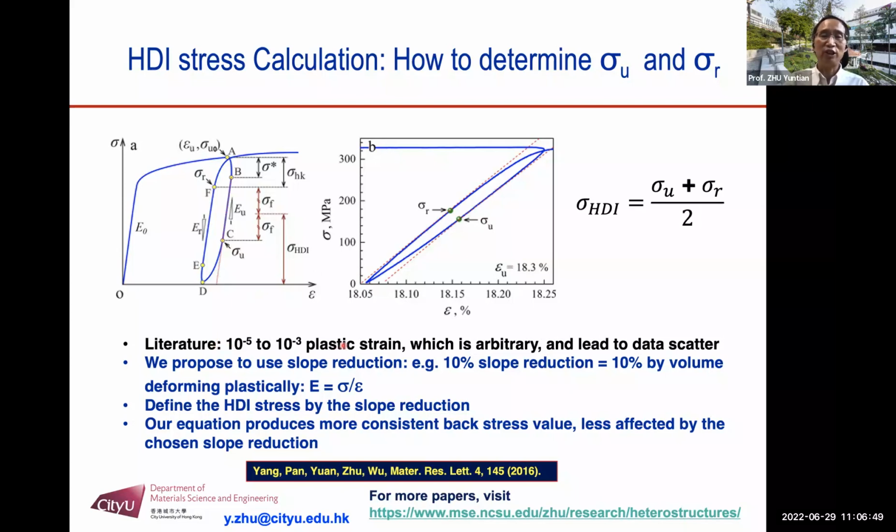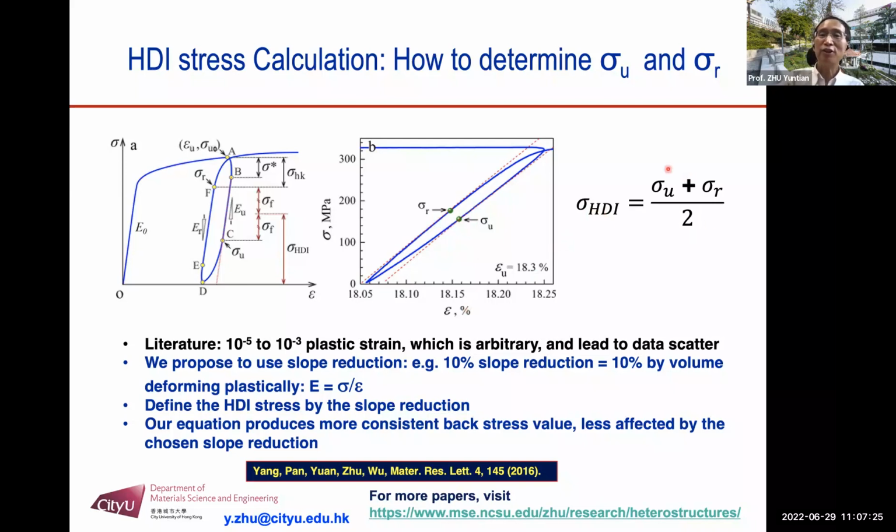I find that is problematic. And the best way is to define it by how much this slope is reduced. This is a more accurate and easier way to do it. You can say 10% slope reduction or 20 or 5% or 15%. No matter how you do it, say if you use 10%, then you have to mark this is measured by 10% slope reduction.